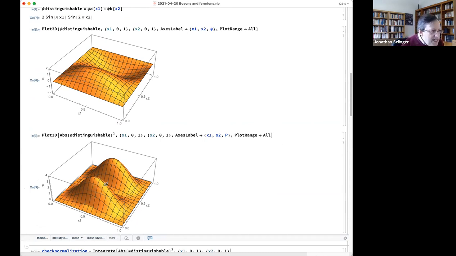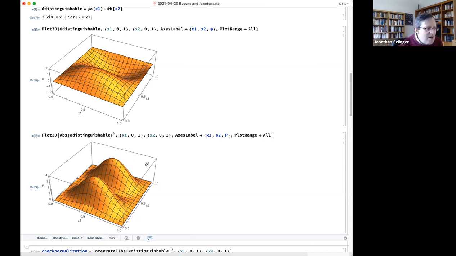It has a peak over here where particle 1 is in the middle and particle 2 is around x2 equals 1/4, so particle 2 is on the left side. And there's another peak over here where particle 1 is in the middle and particle 2 is on the right side. So does that sort of make sense to you guys?